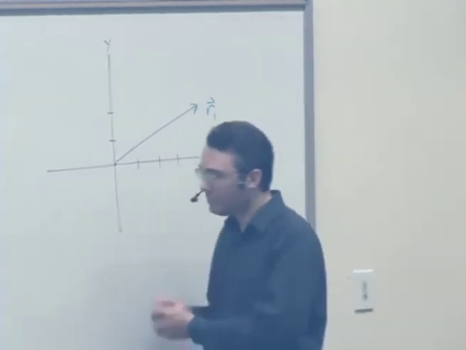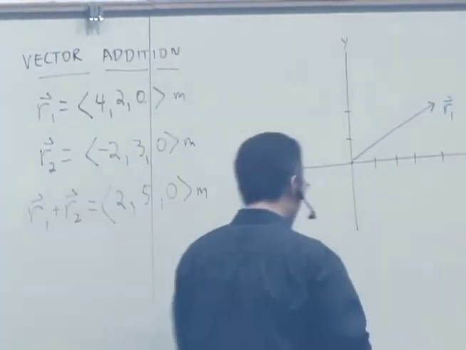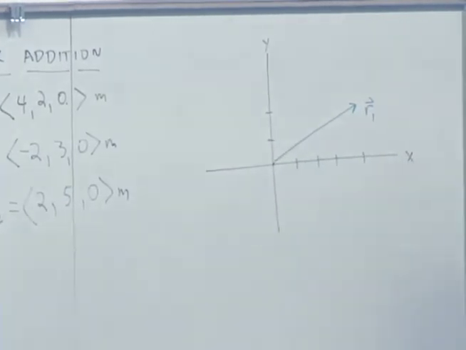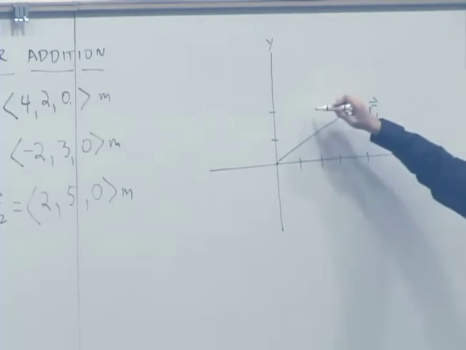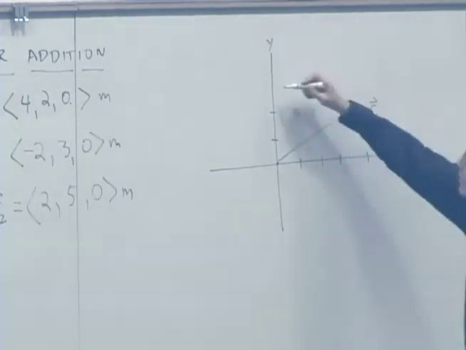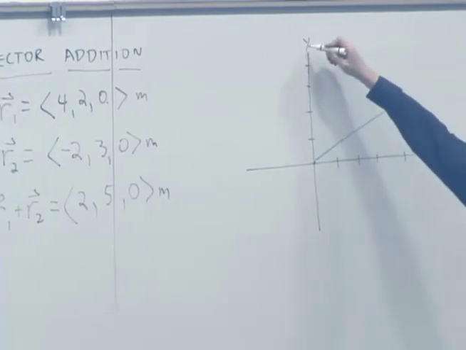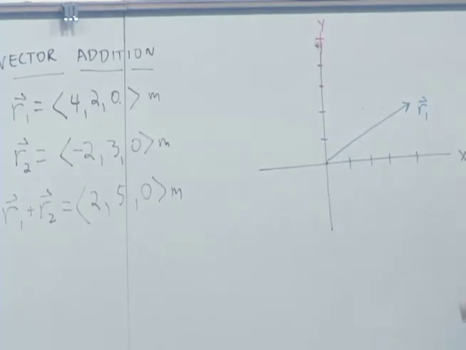So I start here at the tip or head of R1, and I go 2 units, 2 meters in the negative x direction, and then 3 units in the positive y direction, somewhere up here.